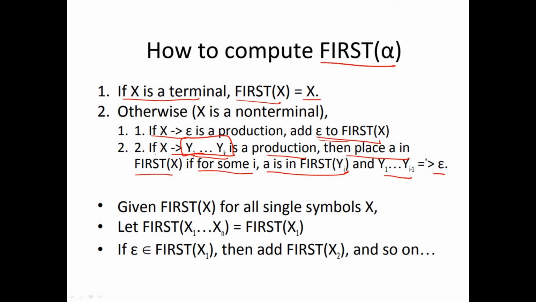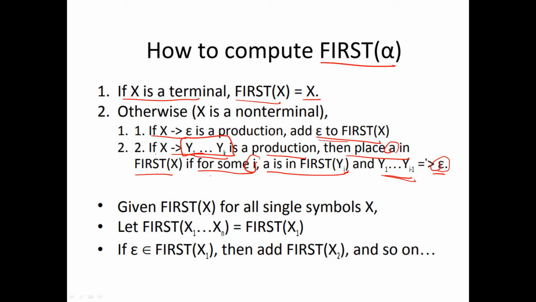So if X goes to Y1 up to Yk is a production, then place a in FIRST of X if for some i, meaning it may be Y3 or Y4 or Y5, a is in FIRST of Yi, and Y1 to Yi minus 1 derive epsilon if it contains epsilon.